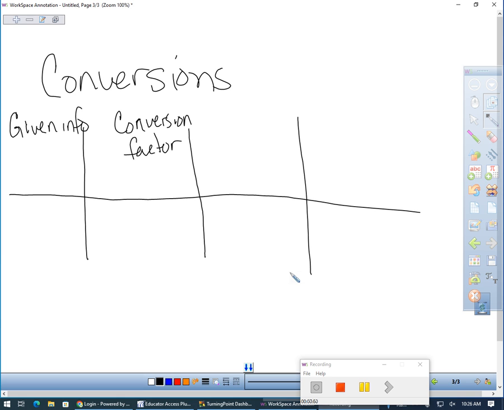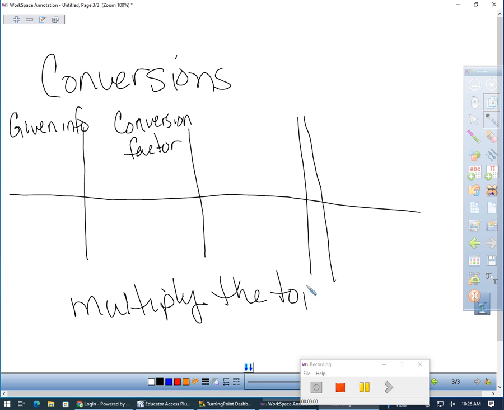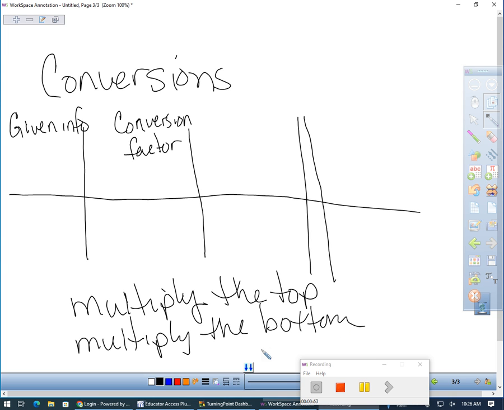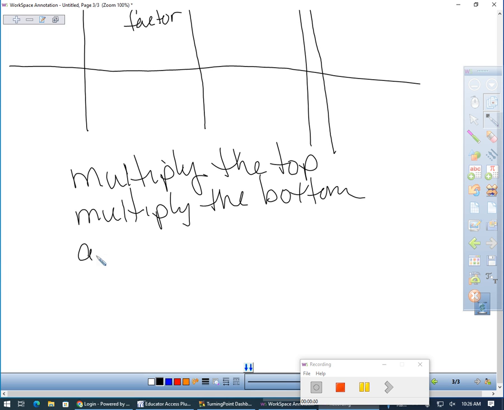When you have it converted to the right label, we're going to put a second line, and then we're going to multiply the top, multiply the bottom, and divide last. All right?